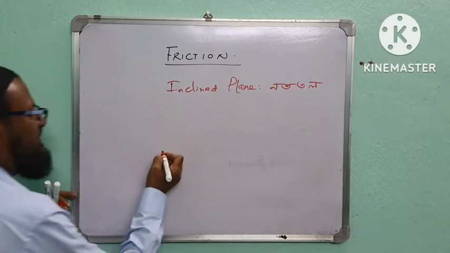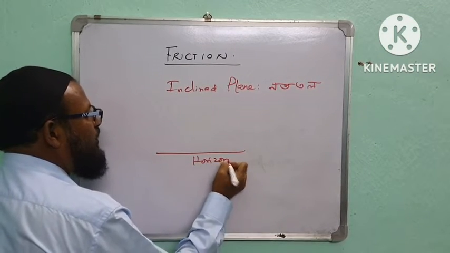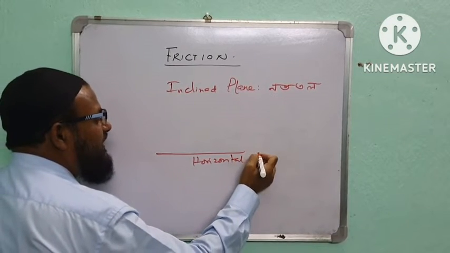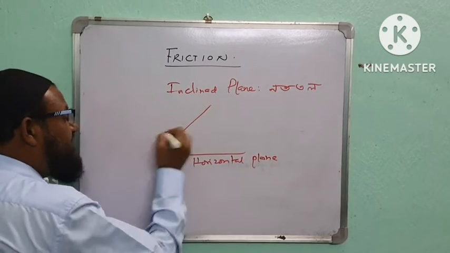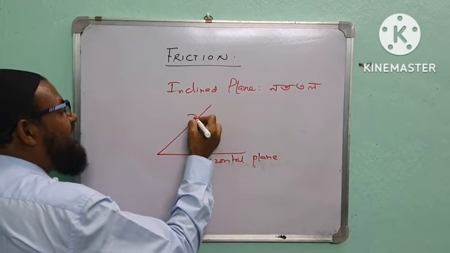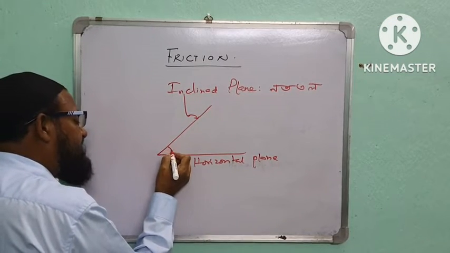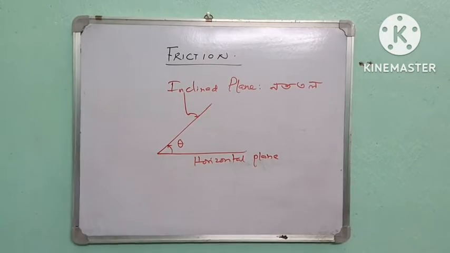What is the meaning? Here, this is the horizontal plane. This plane acts as the inclined plane, and this is the angle, this angle theta. What is the name?